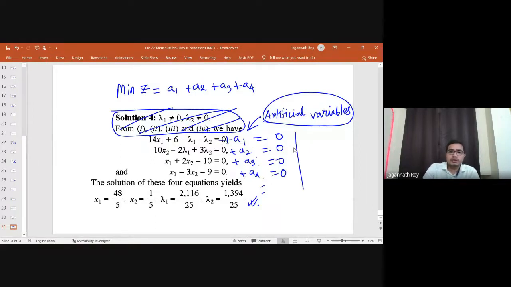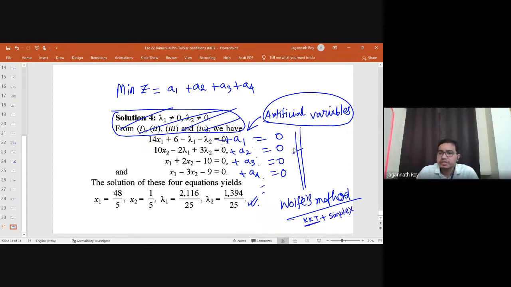This is known as quadratic programming or Wolfe's method. Wolfe's method uses Kuhn-Tucker conditions plus the simplex method.